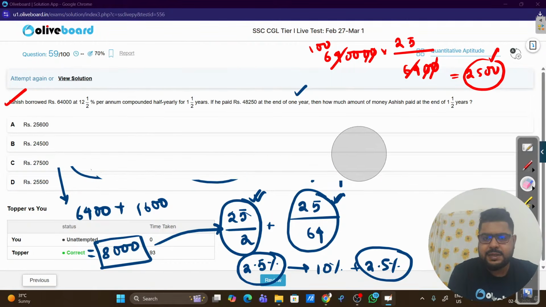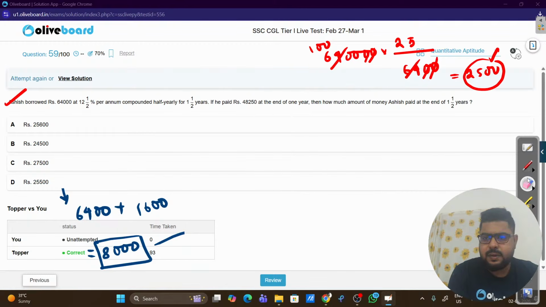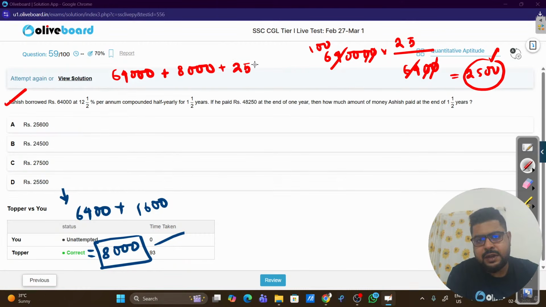Now, please understand what is happening over here. Sir, 64,000 rupees, he had to pay 8,000 here, 2,500 here. This was the interest that was accrued over 1 year. Out of that, he has paid back 48,250.